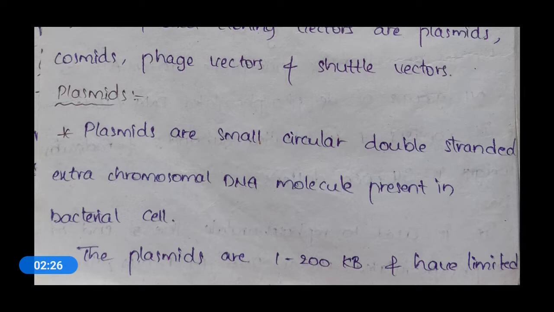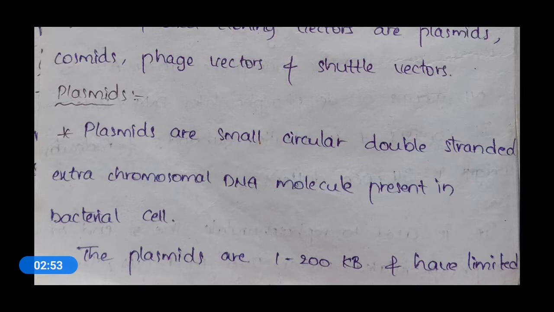Coming to the characteristics of plasmids, the most important characters are size, copy number and genetic marker. A plasmid is of very small size, which facilitates easy uptake of the DNA by the host cell, and also proper isolation of plasmids without any damage.